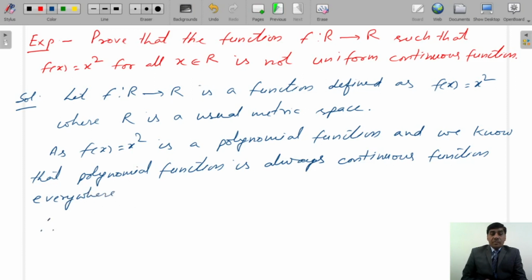Therefore, f(x) is equal to x square is a continuous function.